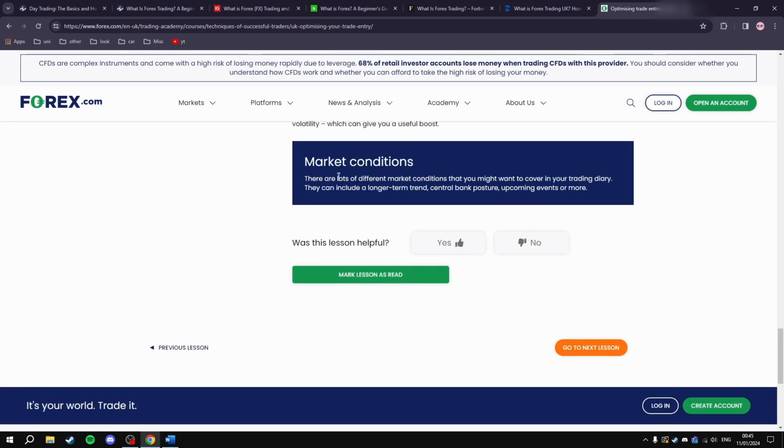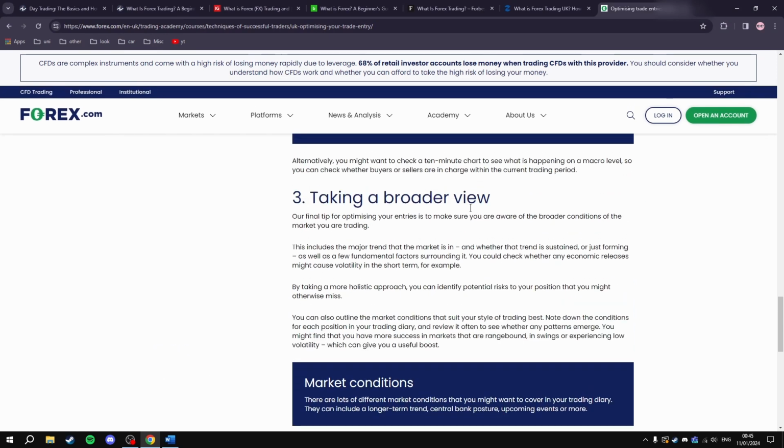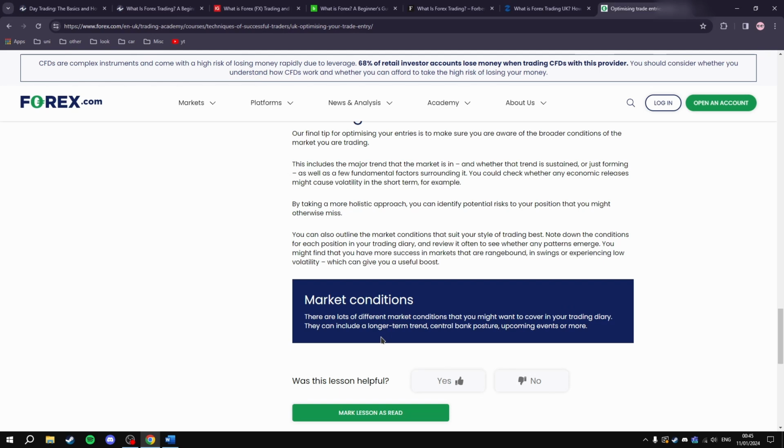There are lots of different market conditions that you might want to cover in your trading diary. They can include a longer term trend, central bank posture, upcoming events, or more.